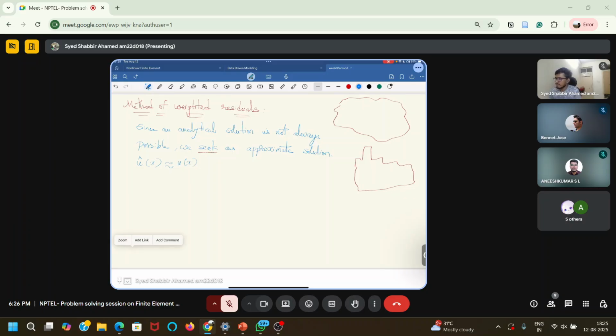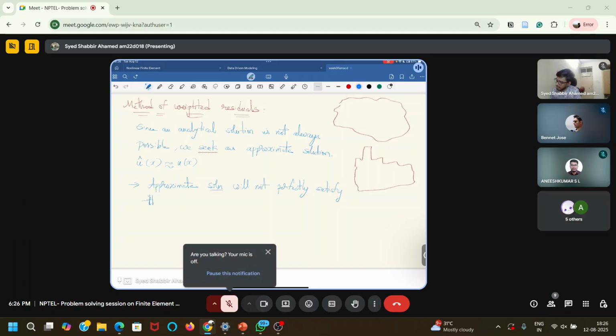So this approximate solution will not perfectly satisfy the governing equation.